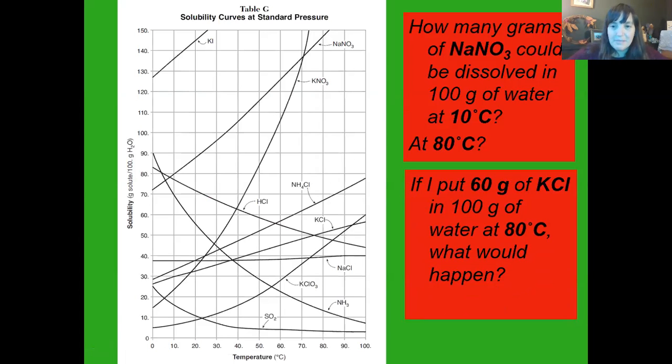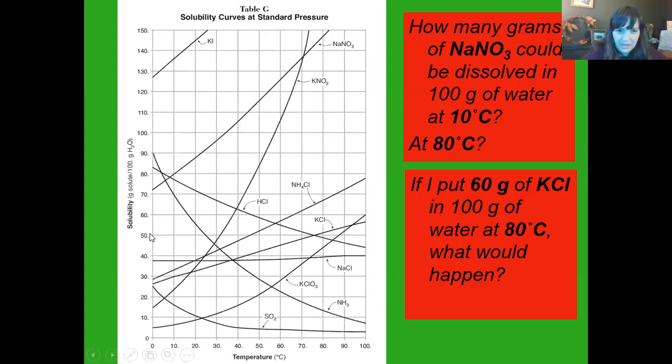All right, now let's imagine if you put 60 grams of potassium chloride, KCl, in 100 grams of water at 80 degrees Celsius, what do you think would happen? So let's find our curve. Here's potassium chloride, KCl. The water's at 80 degrees Celsius, quite hot. And we're putting in 60 grams of potassium chloride.